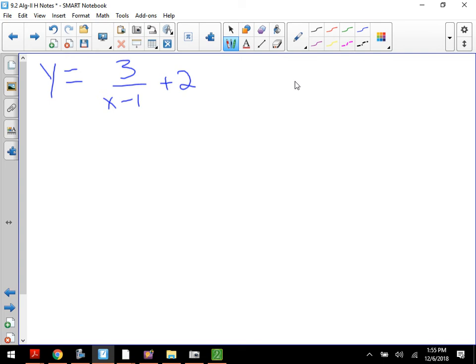So first thing here, where is your vertical asymptote? Where's your horizontal? Your vertical is at x equals 1. Horizontal is at y equals 2.